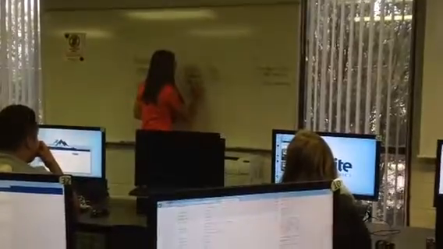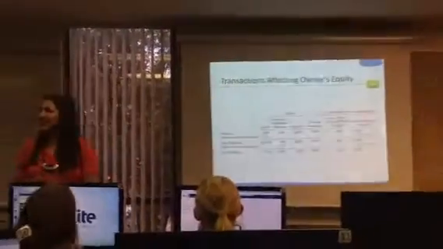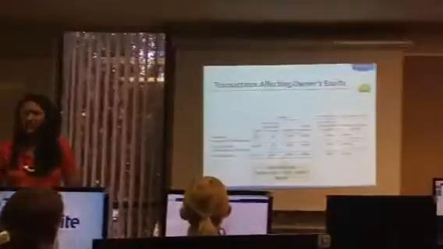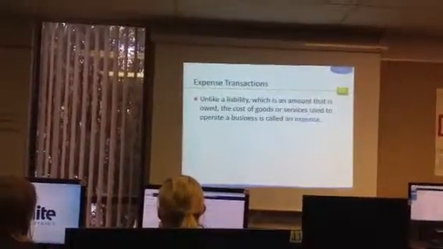Main Street Services owes us money. And how much money do they owe us? 500. Do the two sides equal? Are we good? Yes? And notice the balances are there. So we always want to total both sides.